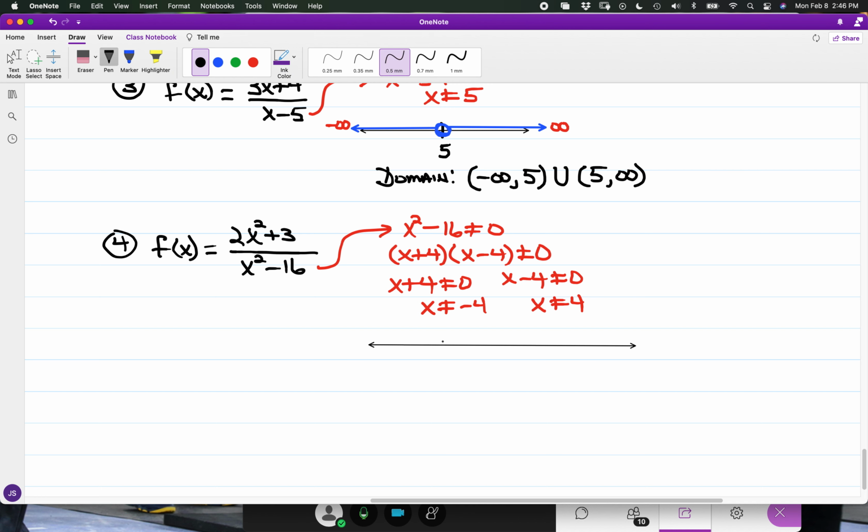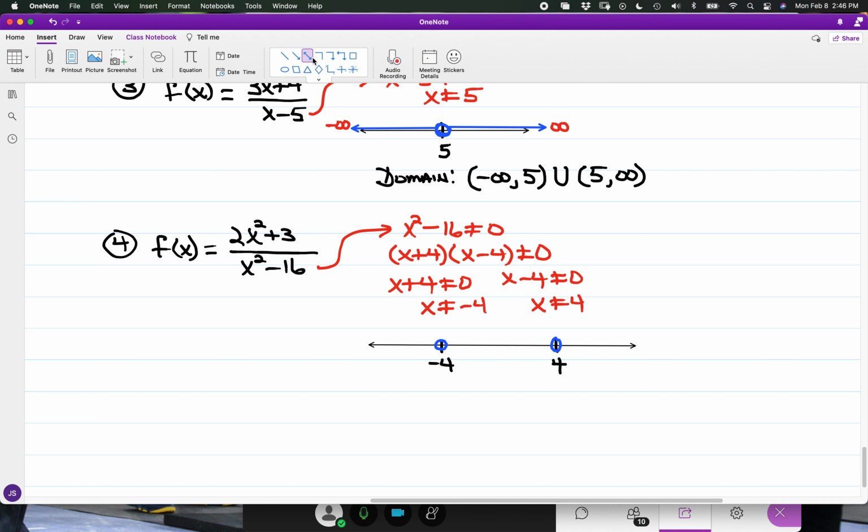So we have our excluded values of negative and positive 4. If I were to graph, symbolizing the exclusions, I would just have holes on negative and positive 4. And everything else would be in the domain.